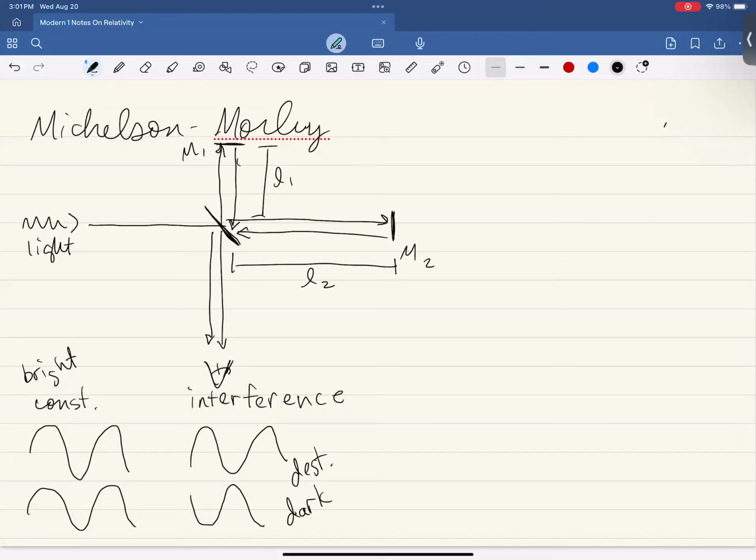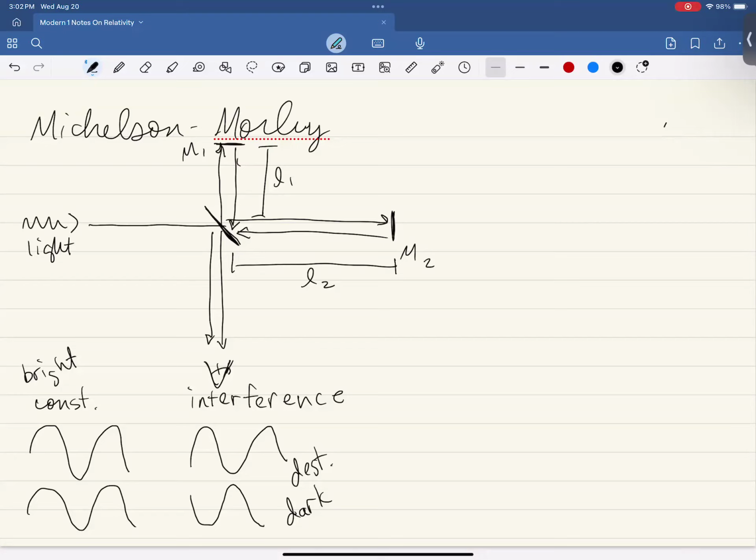Michelson and Morley would detect shifts in this interference pattern. They were very sensitive in their final device, and they could detect a shift of just, I think it was believed, 0.005 of a wavelength, and that would cause a shift of the interference pattern.